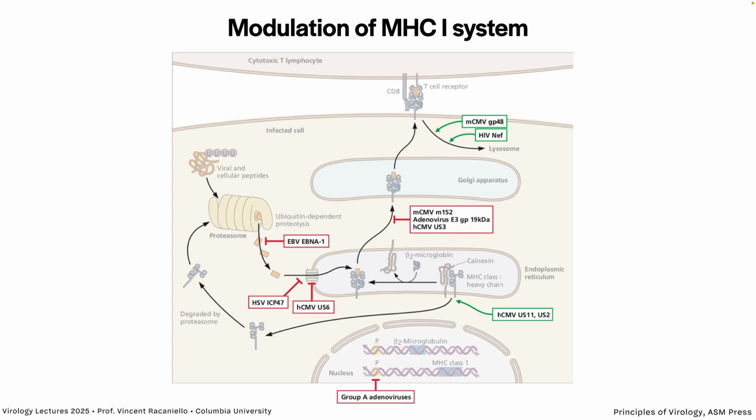And here we have some other interfering. Here's MHC class 1 being sent to the proteasome by a viral protein here. And some viral proteins even inhibit transcription of MHC class 1 genes. So all of these viruses cause persistent infections. And this is one of the reasons why, because they're inhibiting MHC1 presentation of peptides. And that prevents the infected cell from being killed.